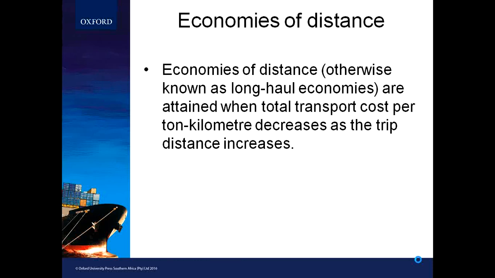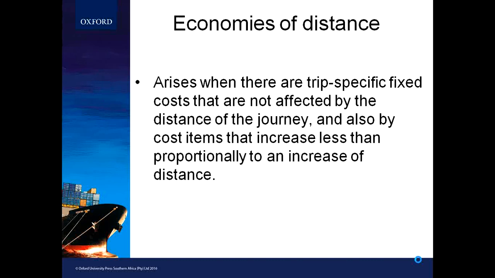And similarly, the economics of distance, otherwise known as long haul, as I just told you in the last slide: our attainment of total transport cost per ton kilometer decreases as the trip distance increases, or arises when there are trip-specific fixed costs that are not affected by the distance of the journey, and also by cost items that increase less than proportionately to an increase in distance.